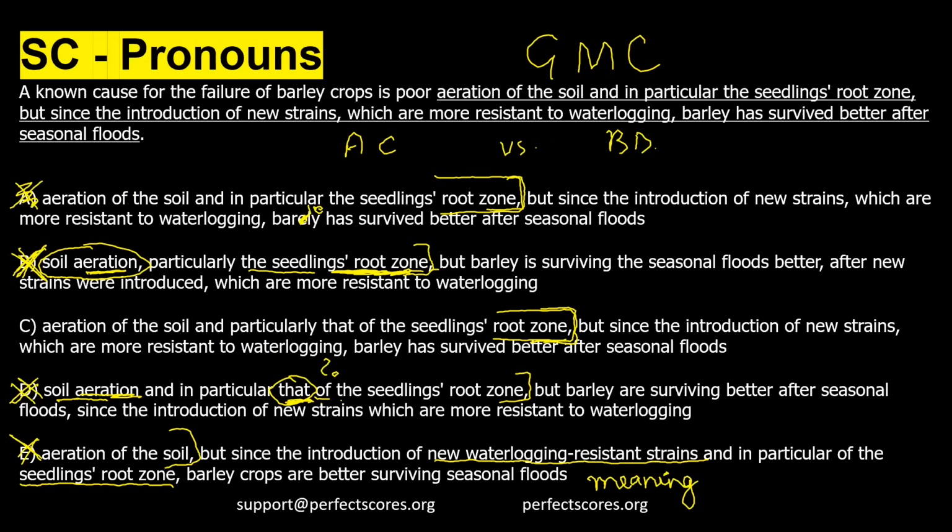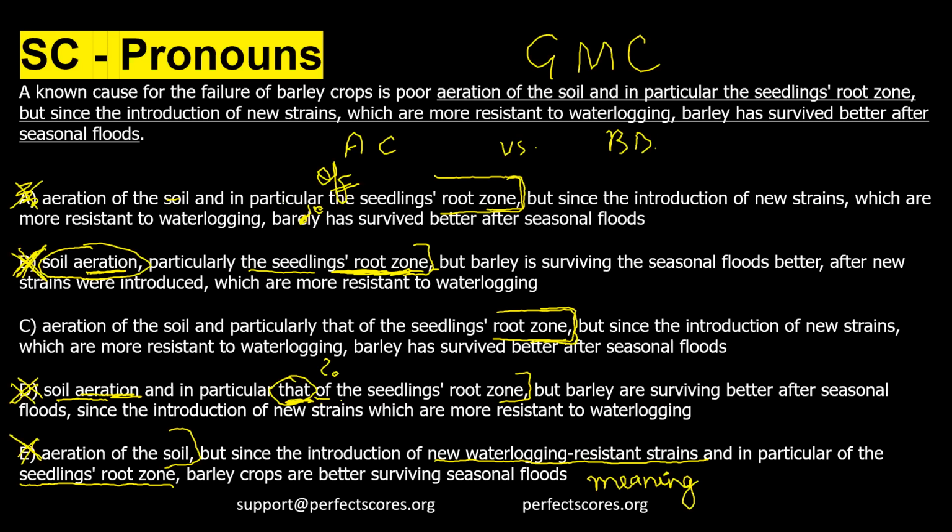It says aeration of the soil and the seedling's root zone. They should have added another "of" here if they wanted to make the sense that we're talking also about aeration of the seedling's root zone. Otherwise it is a bit of a confusion because it does not go well with the other part of the sentence. It could also mean that the known cause for failure of barley crops is poor aeration of the soil, and another cause is the seedling's root zone.